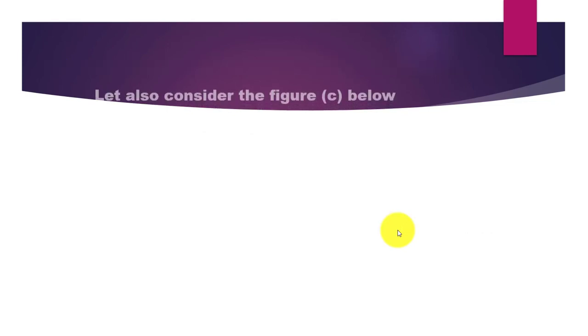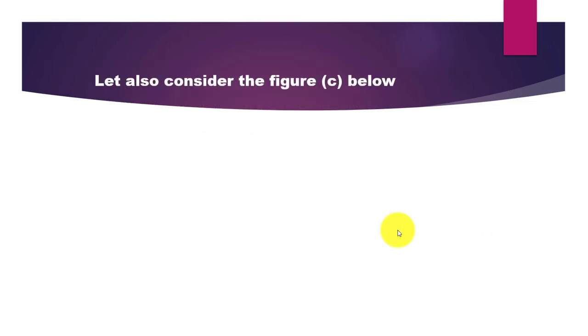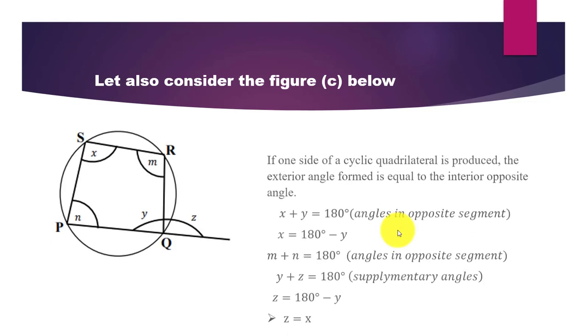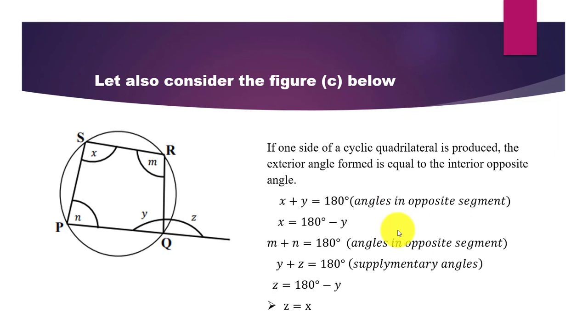Let's consider figure C below. Now in this diagram, PQRS are points on the circle. If one side of a cyclic quadrilateral is produced, that is, if the side PQ is extended, we are saying that the exterior angle formed is equal to the interior opposite angle.